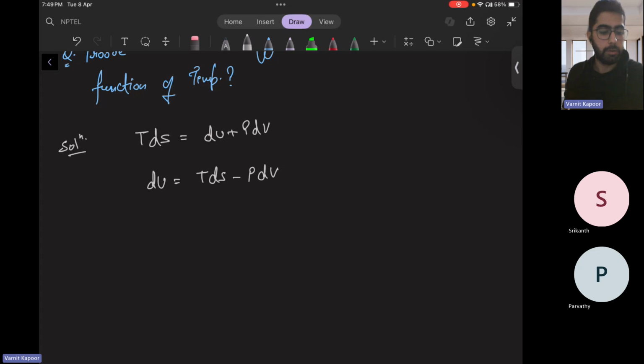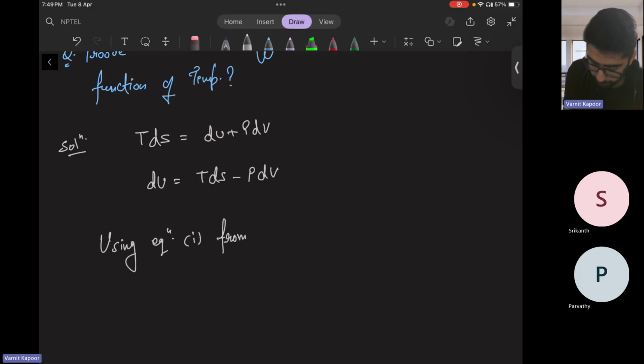Now what you do, you use the equation number 1 which we derived, and put that TdS value in here using equation 1 from above.